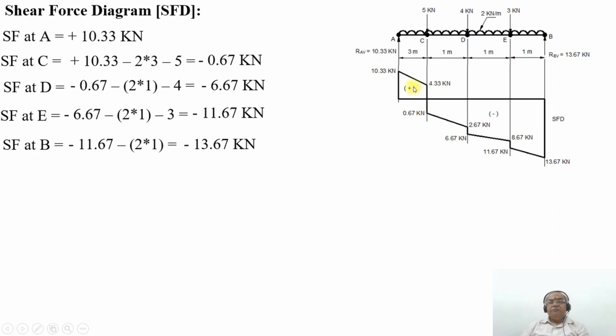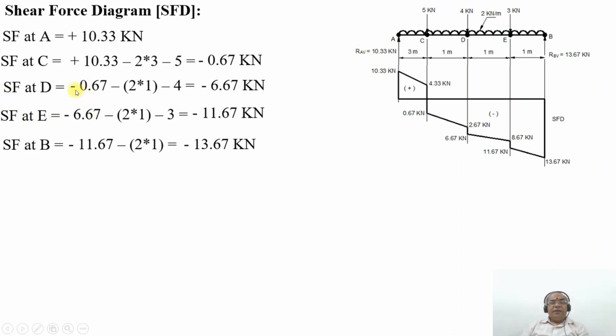That is, the SF changes from positive to negative value. SF at D will be equal to minus 0.67 minus 2 into 1, because you have a UDL and also the point load at the point D. But first we consider only the UDL.